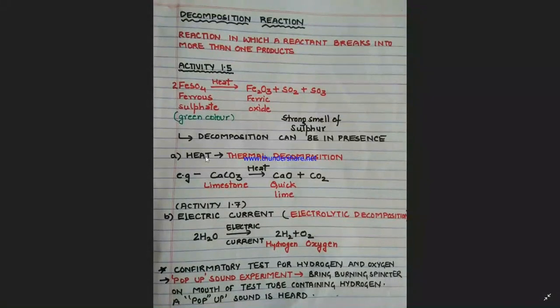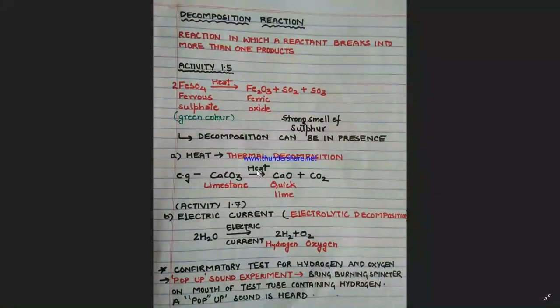Coming to thermal decomposition. What is thermal decomposition? It is when decomposition or breakdown takes place with the help of heat, like calcium carbonate. We are well aware of this compound, it is called limestone.